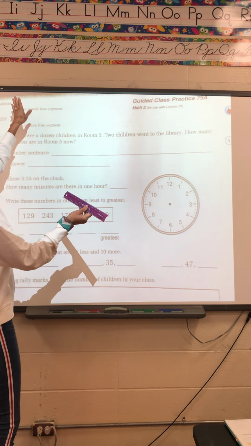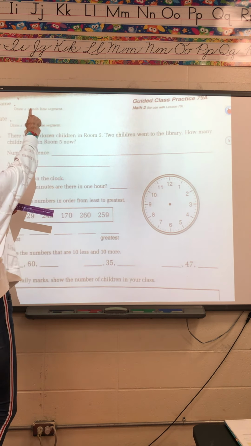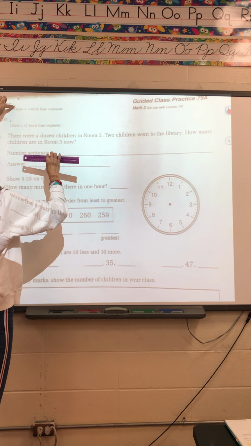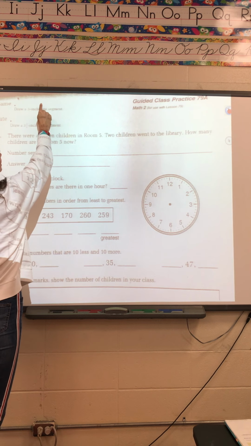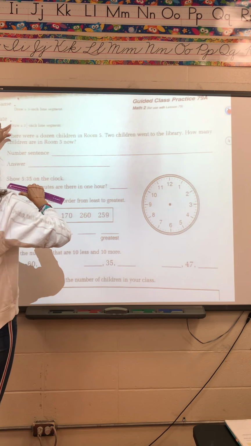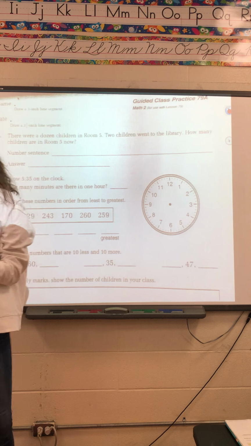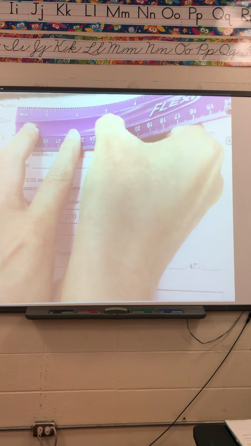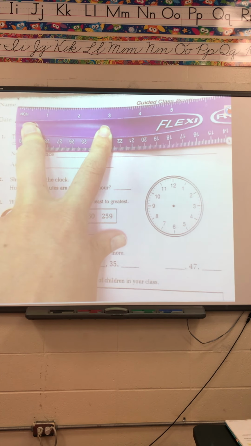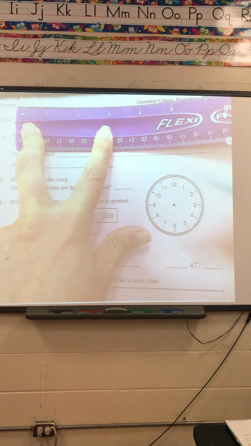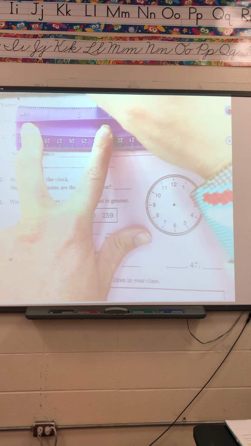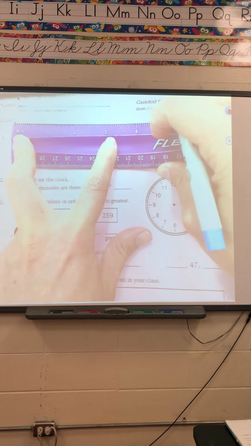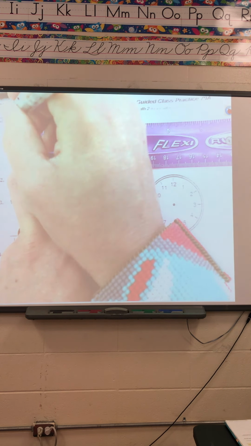So first of all, you're going to get your ruler out and draw a 3-inch line segment. Put the edge of your ruler right on that dot and draw all the way to 3 inches. And here it says 3.5 inches, so I'll do it over here. I want 3 inches, which will be my name line, and the date line is 3.5 inches, so that's going to be to here.